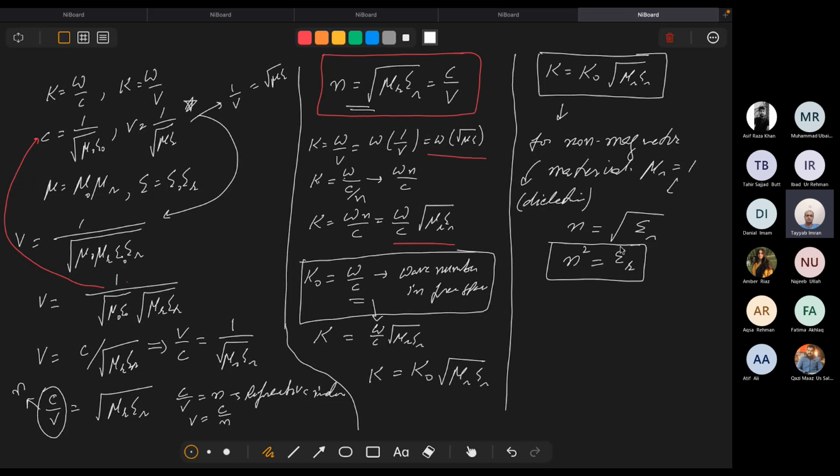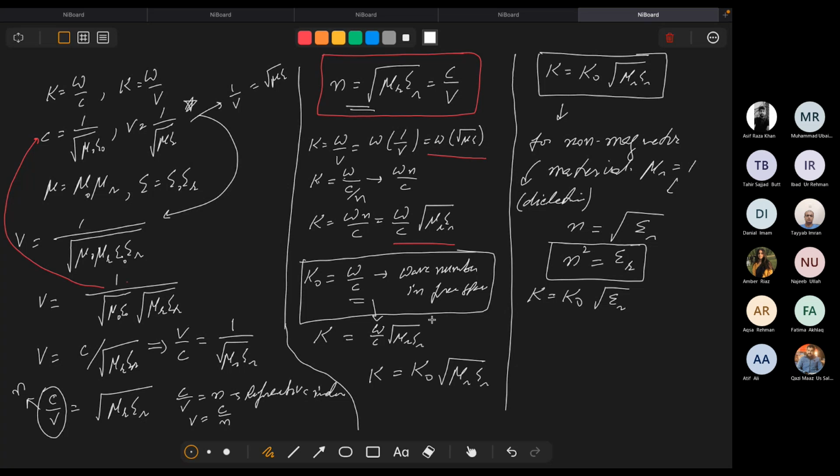ठीक है, similarly we can also modify this equation if the non-magnetic material is like this.